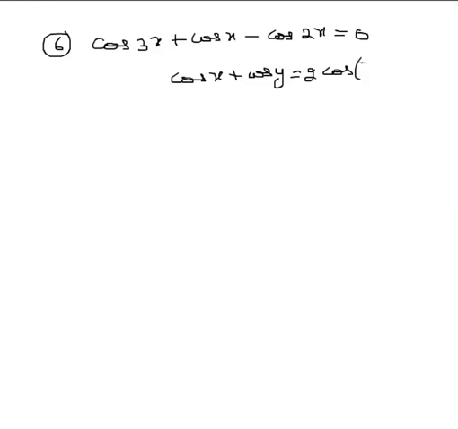Sixth question. Cos 3x plus cos x minus cos 2x is 0. Let us use the cos x plus cos y formula. Cos with plus sign will be both cos product: 2 cos of x plus y by 2 and cos x minus y by 2. Let us use this formula.